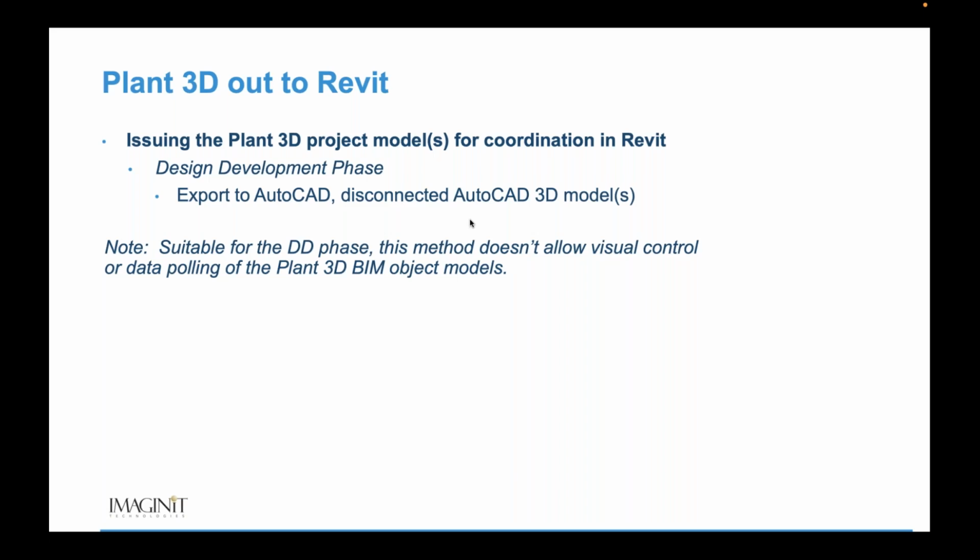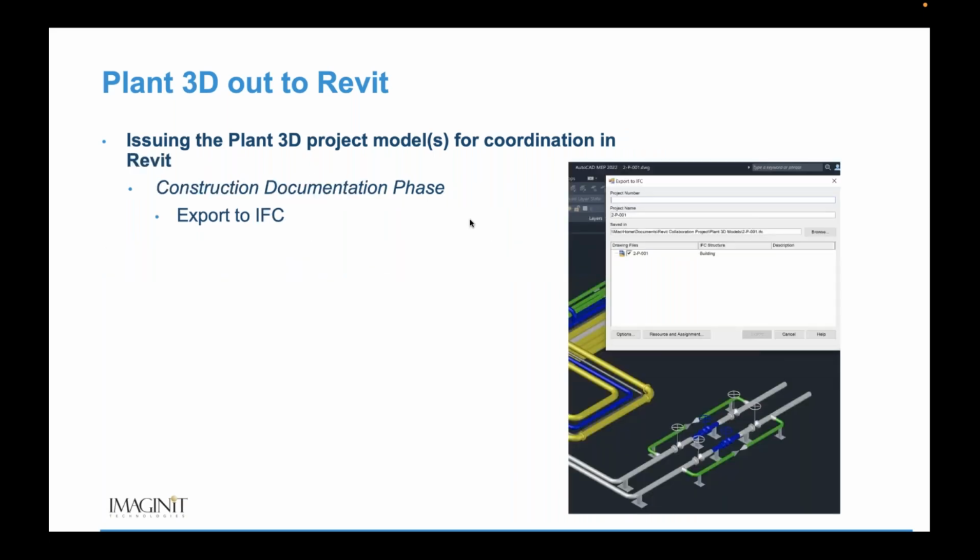But it gives me the ability to see that information in context, and in the plant environment, I would be able to copy that drawing into the plant project and then create projected views that include the data from both models. Again, it doesn't allow some of the visual control and some of the things that we want there, so we can look at some other methods for that.